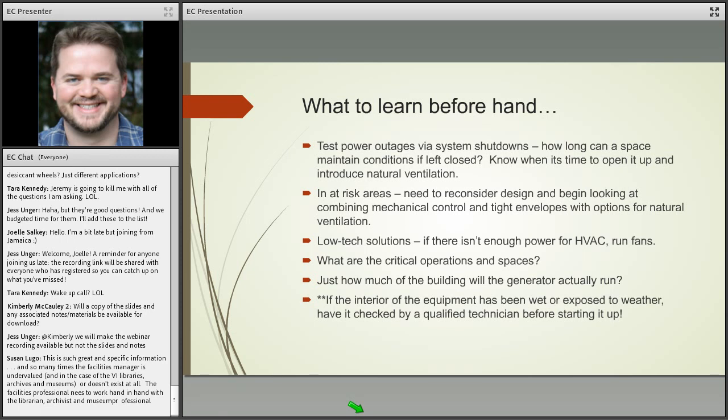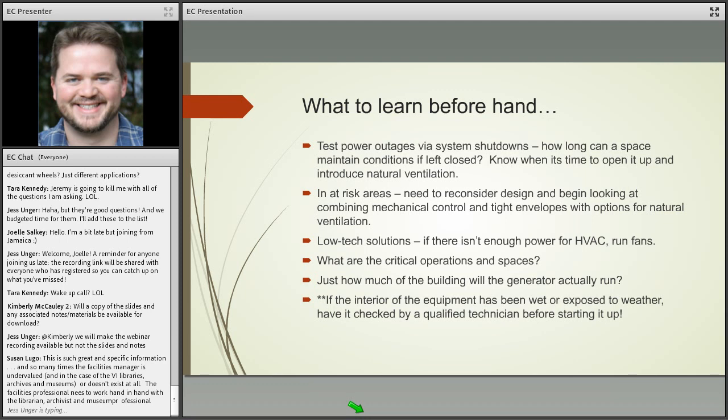If you don't have the generator capacity in your institution, if there's a power outage, to bring your full HVAC back online, at least bring circulation back online, at least be able to move air through the building. Even if you're not running cooling or dehumidifying, think about air circulation first.